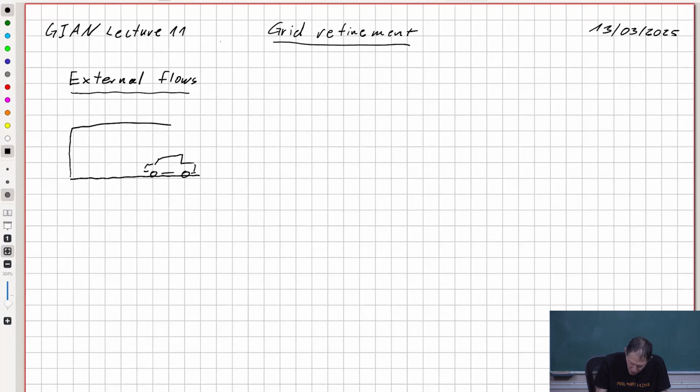And now if you want to calculate the drag on a car, what you're going to do is, I've drawn this in the wrong way, you would spend more space after the car than before the car, obviously. Yeah.